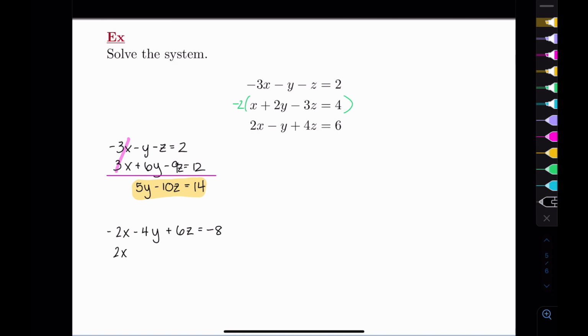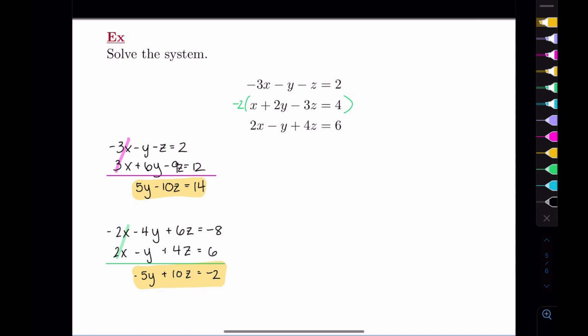And then our third equation is 2x minus y plus 4z equals 6. When we add these two together, the x's cancel, and that leaves us with -5y plus 10z equals -2.